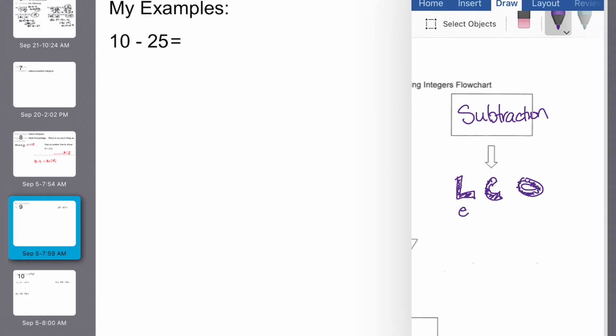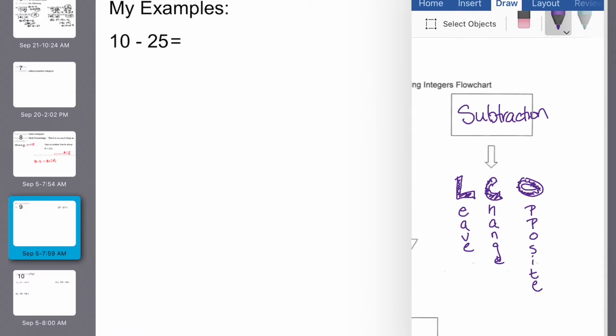LCO is telling me to leave, change, and opposite. Go ahead and write that down on your flow chart. And that is going to help me to figure out how I go about this problem.